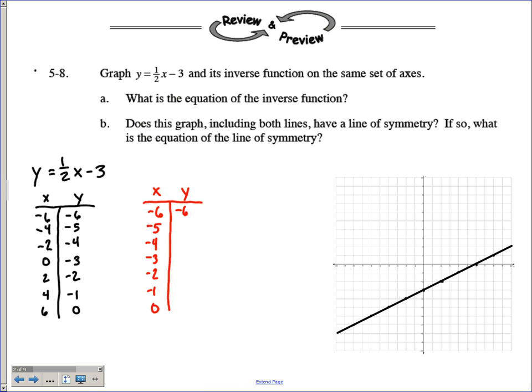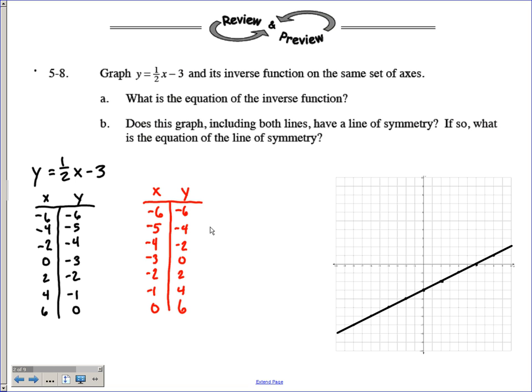So we had -6, we had -4, we had -2, so it was increasing by 2 each time there. Then we had 2, we have 4, and we have 6. So we're going to graph the inverse on here now, and I'll graph this one with red points.